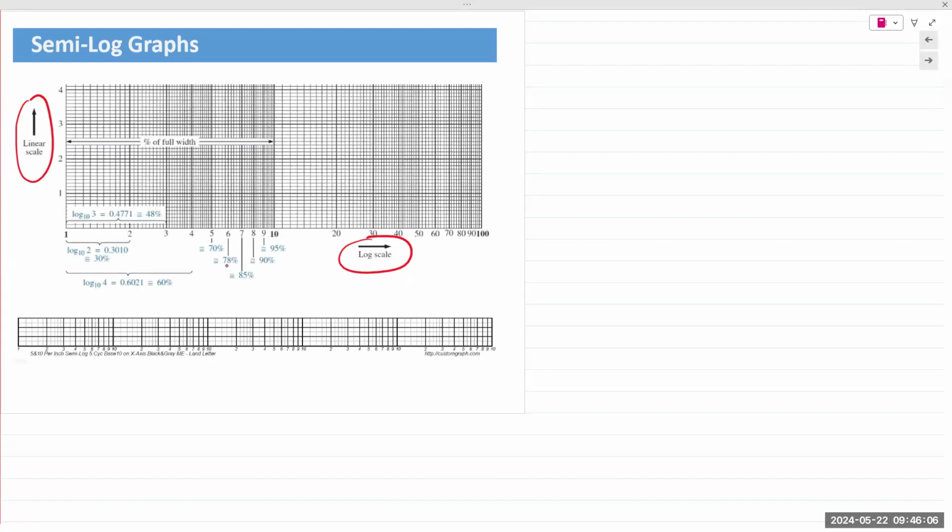How many of you have ever used this kind of chart before? Okay, if you're engineers, you would have used this, or you may use this in the future. It is not just for electrical engineering, it's for all engineering and scientific applications. This is what is known as a semi-log graph or a semi-log chart.